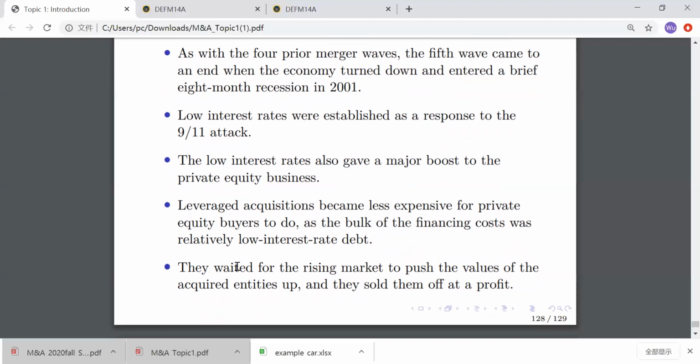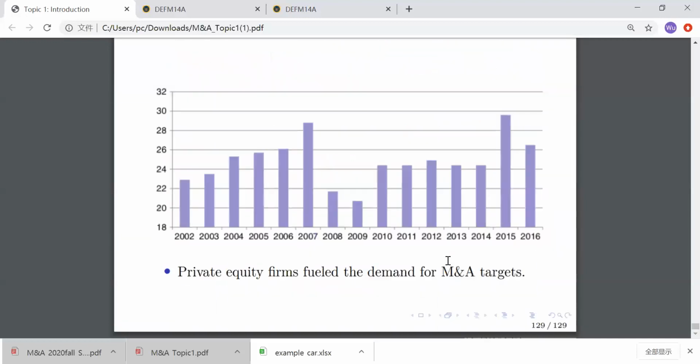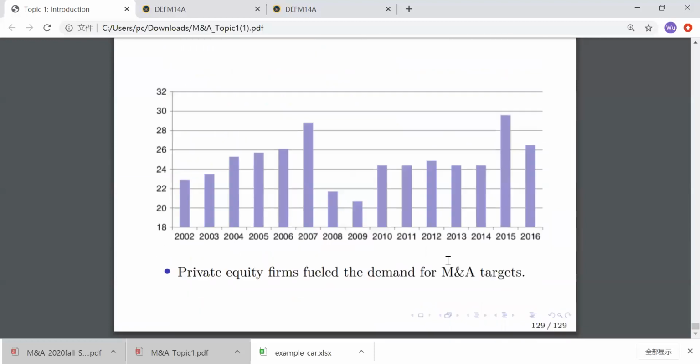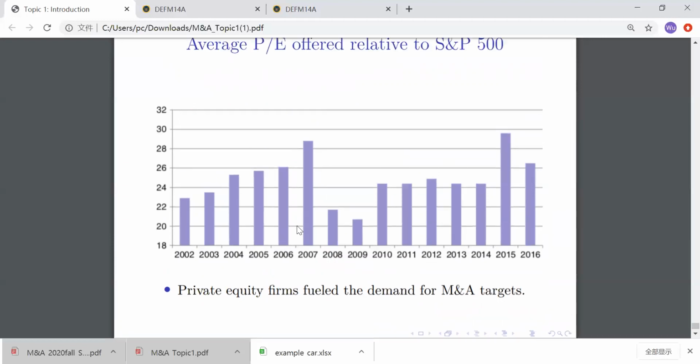Basically, private equity used debt, which was really very inexpensive at that time, to buy the company, take the public company private, wait for the market to rise, push the values up, and then sell them at a profit. Now we can look at the valuation, the P/E ratio, at that time.